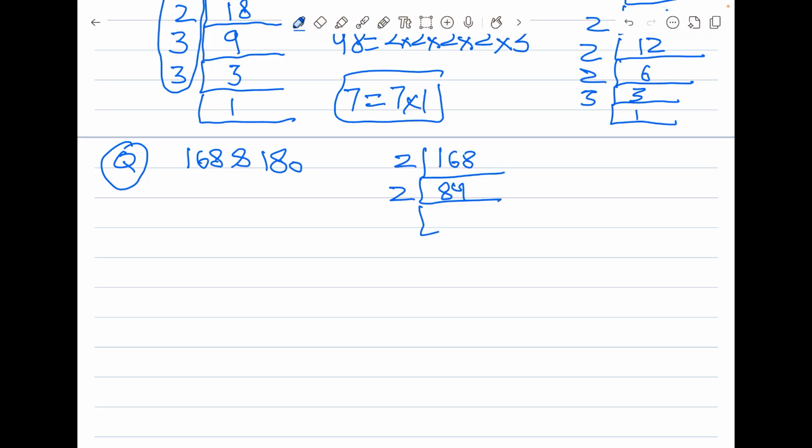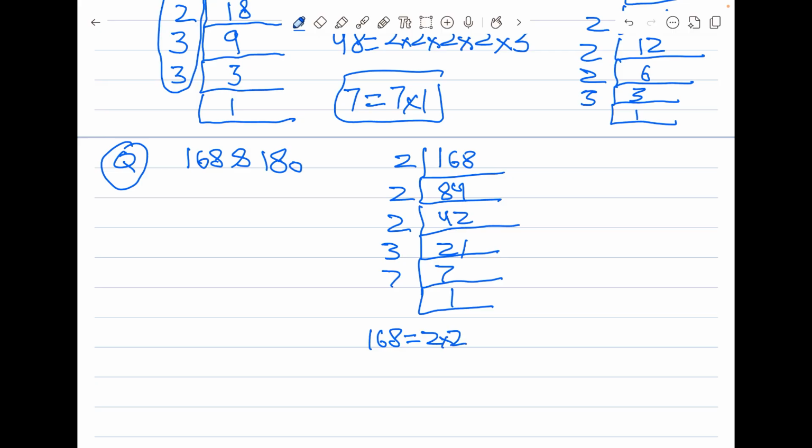Once again, we divide by 2, we have 42, 21. This time around, we're going to divide by 3 so that we have 7, and then we divide by 7. And that's where the process terminates. So that 168 equals 2 multiplied by 2 multiplied by 2 multiplied by 3 multiplied by 7.